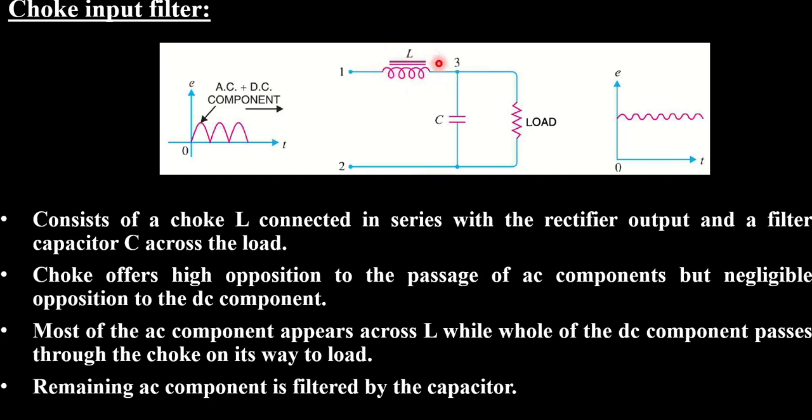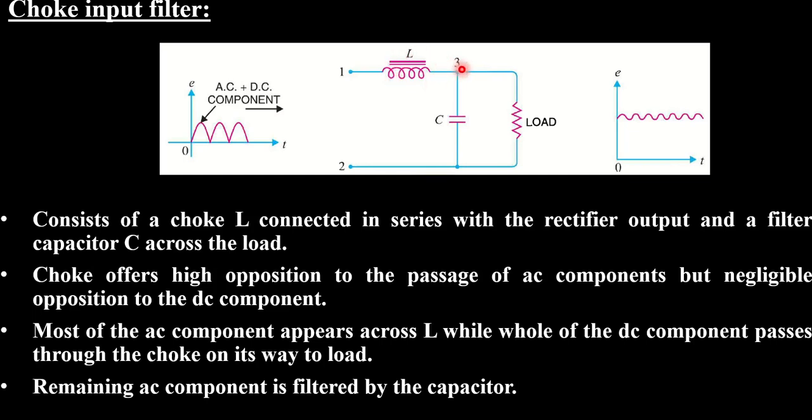So this inductor will block the AC component of the rectifier output, and the DC component will pass through to the terminal 3 of this circuit. The signal which reaches the terminal 3 now will contain the DC component of the rectifier output, as well as a small portion of the AC component which is failed by the inductor to block.